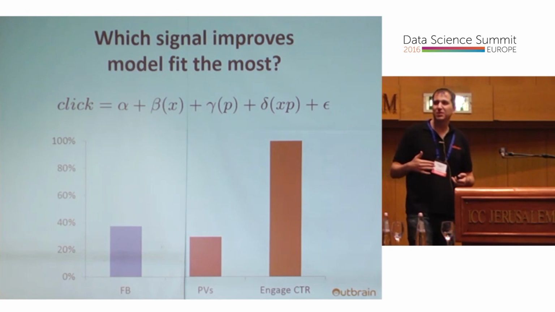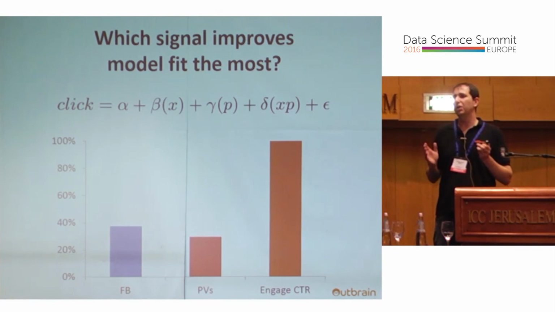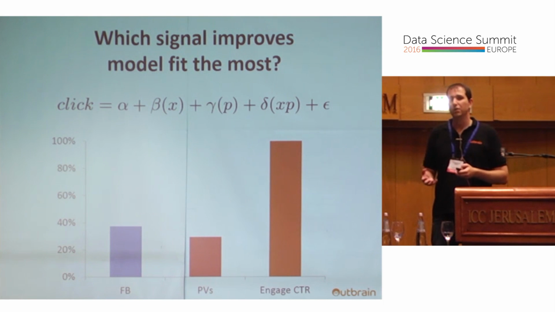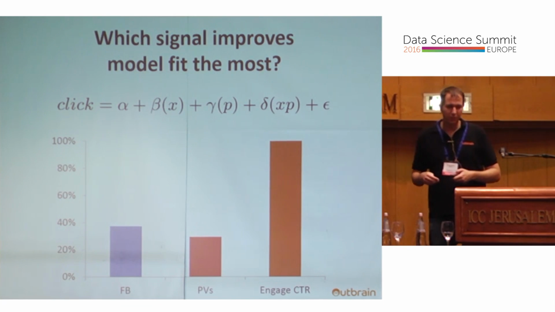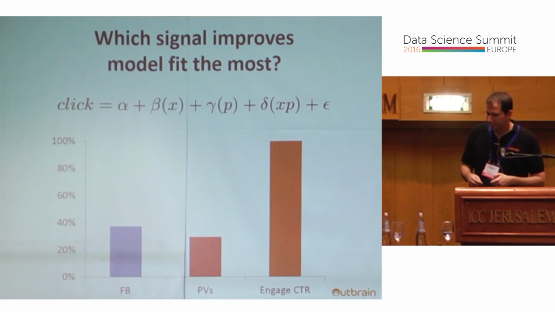We saw that there is a substantial lift in CTR in production in the A/B test. So the conclusion from here is that combining different signals, combining also different models, can generate a substantial lift, and the methodology for estimating such a model is described in the previous slide.